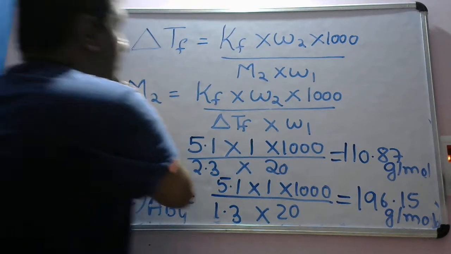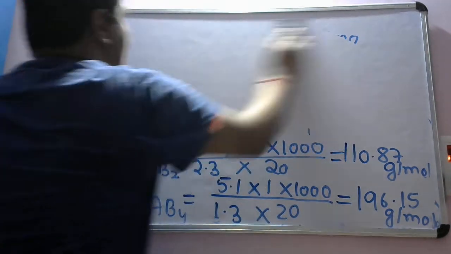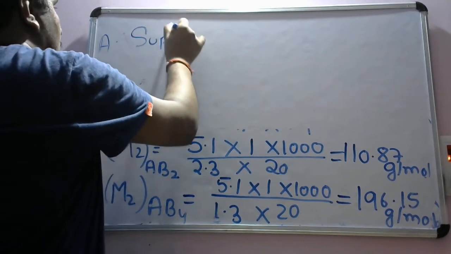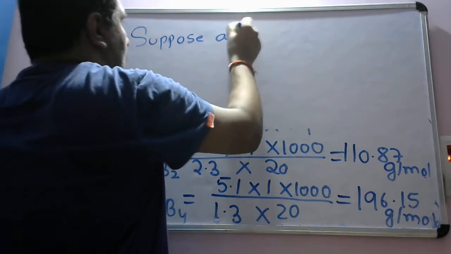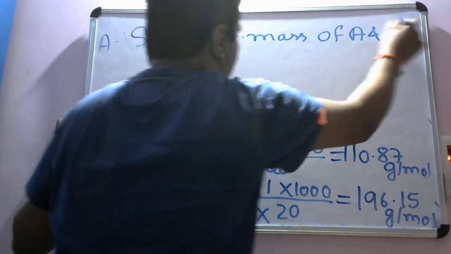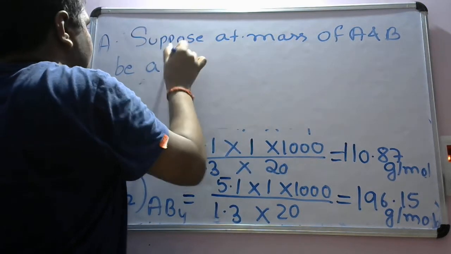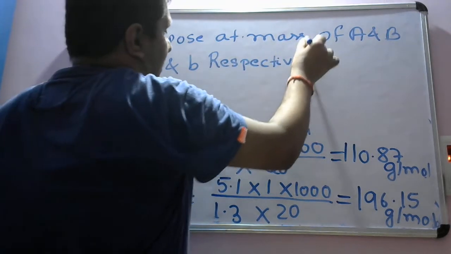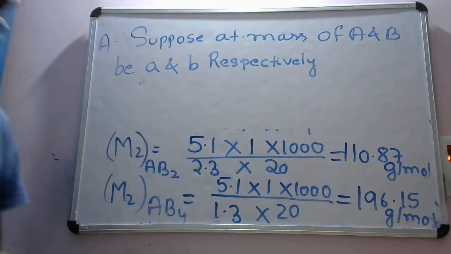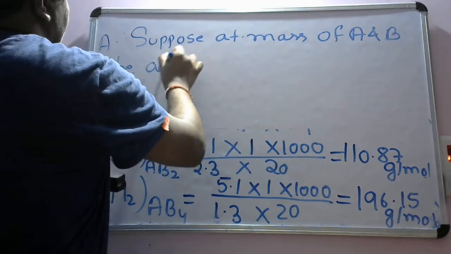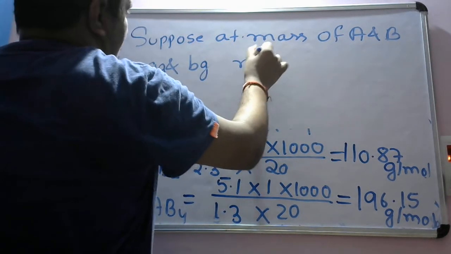Now, suppose the atomic masses of A and B are small a and small b respectively.